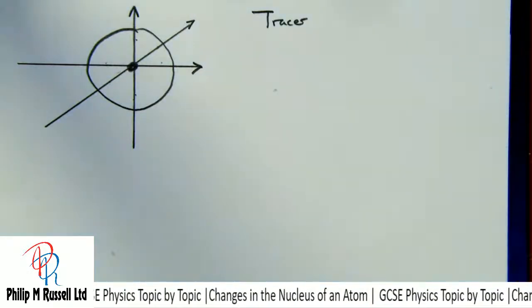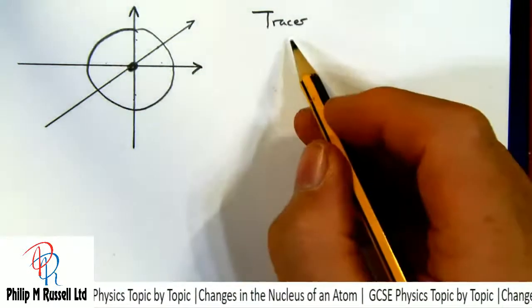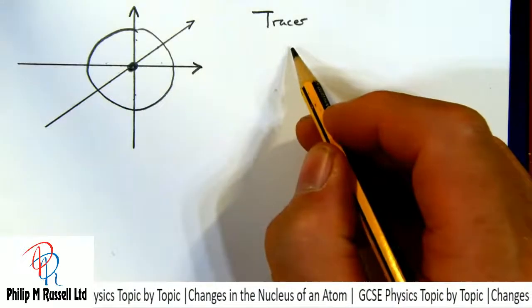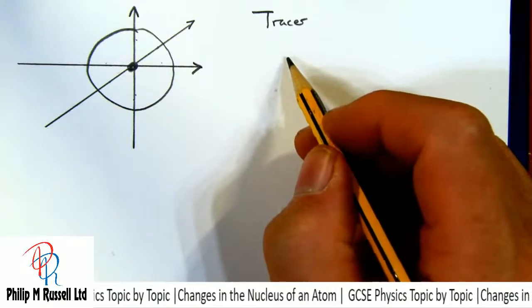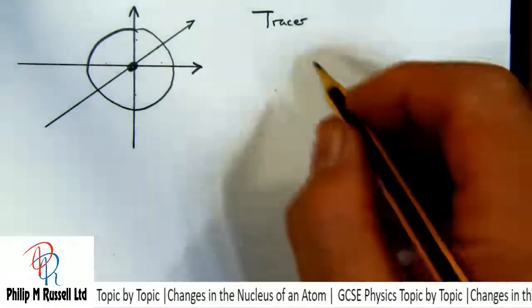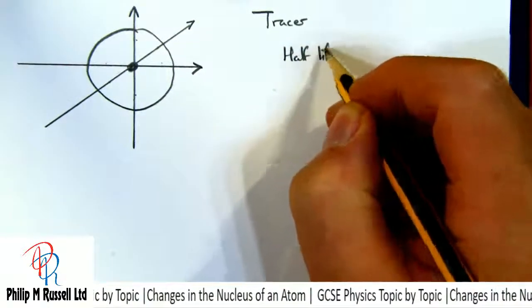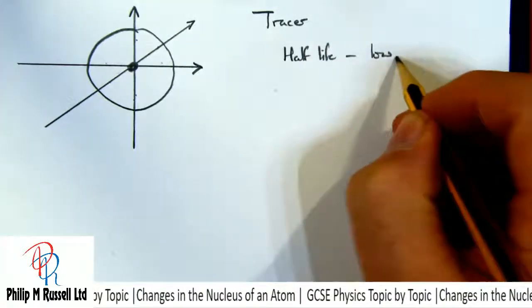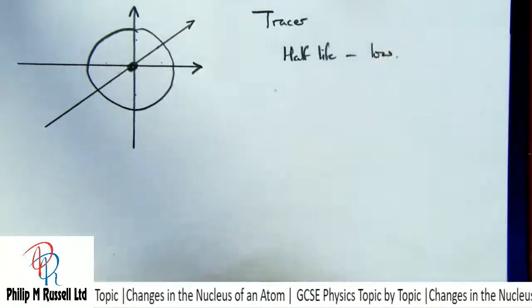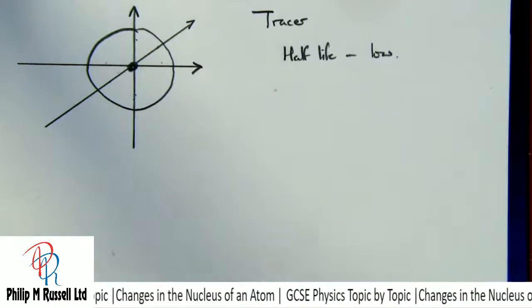We've got several ideas here. The problem is if you inject a tracer into the person, they are going to become radioactive. So we'd want to make their half-life fairly low. And if you don't know what half-life is, stay tuned because we're about to go through that one.